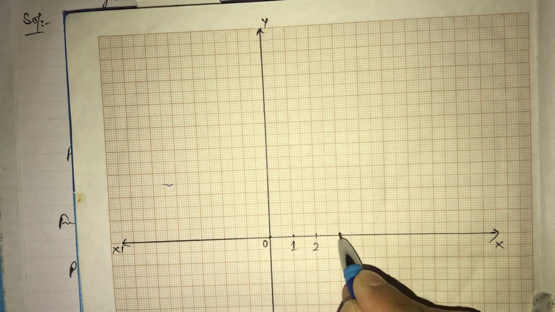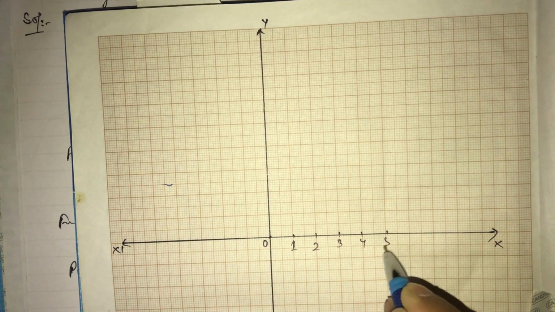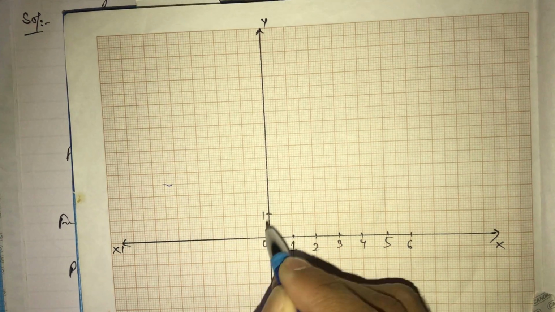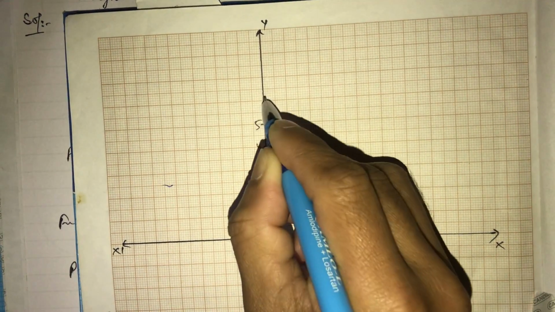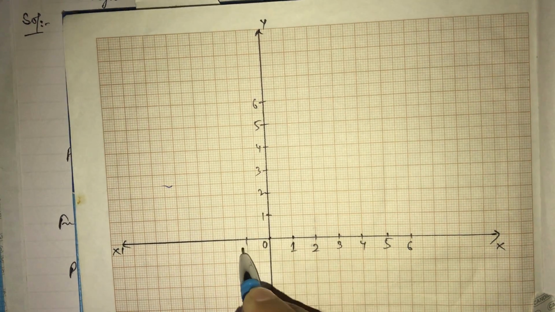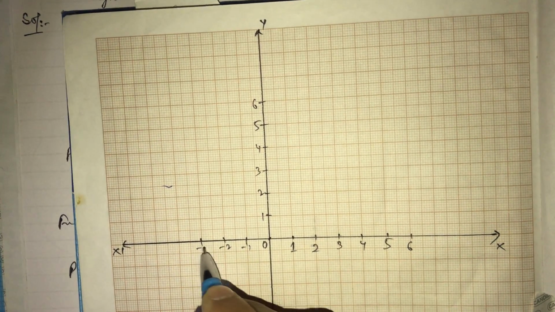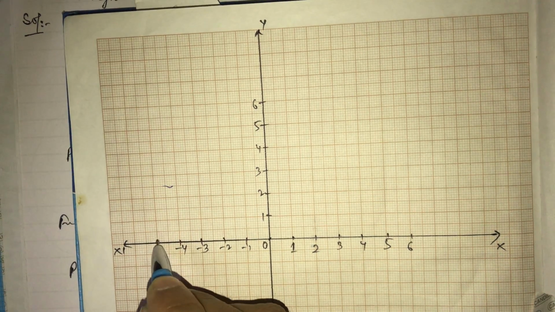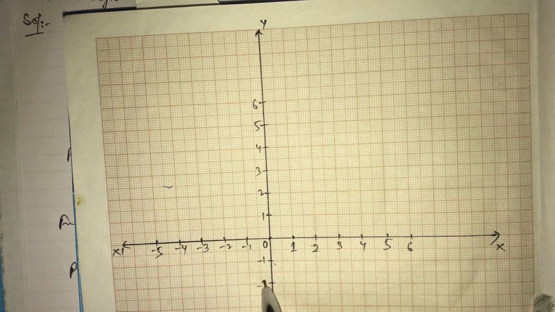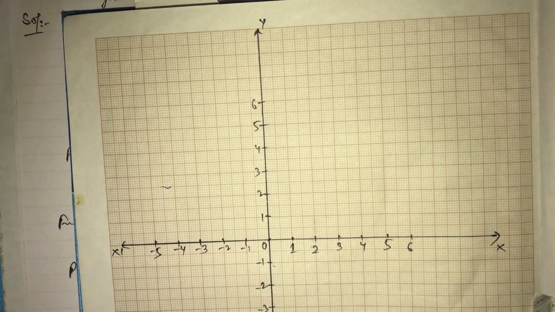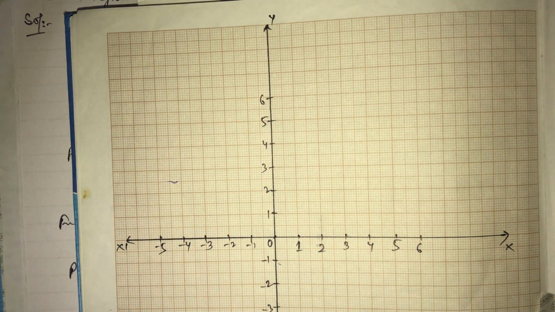Here 2, 3, 4, 5 and 6. Up 1, 2, 3, 4, 5, 6. Here minus 1, minus 2. Always use a pencil here, never use a pen. Minus 1, minus 2, minus 3, minus 4. Okay, so the axes are ready.